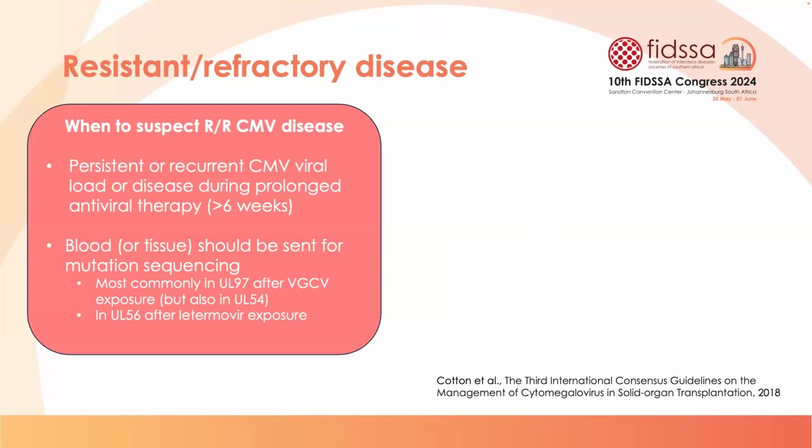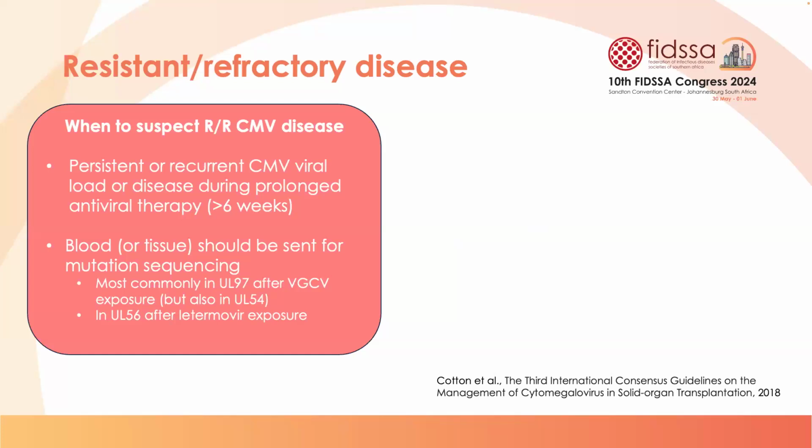So when should you suspect it? Persistent or recurrent CMV viral load or disease during prolonged therapy. Generally, you wouldn't suspect it before there's been at least about 6 weeks of drug exposure, with at least 2 weeks of full dose at an appropriate dose.